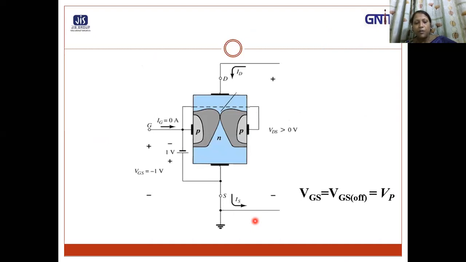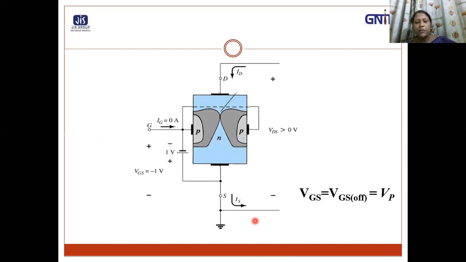Beyond the value of VP the device breaks down at the breakdown voltage VB, and at this point huge current will flow through the device. Since gate voltage controls the drain current, JFET is called a voltage controlled device.